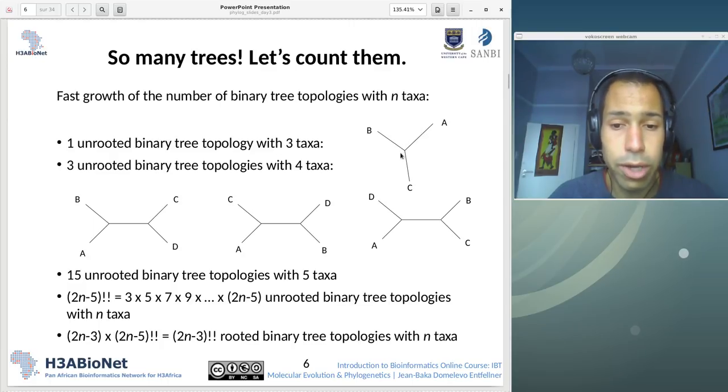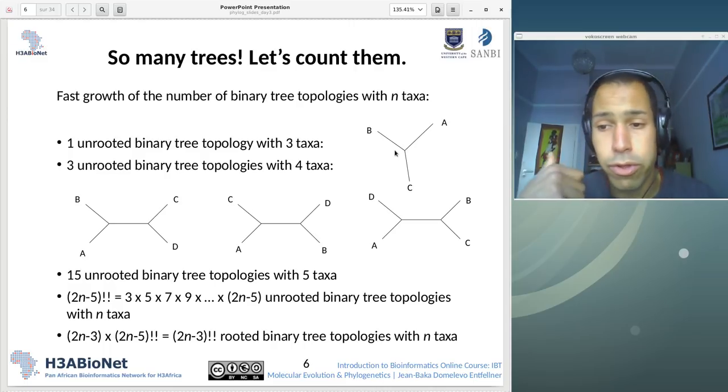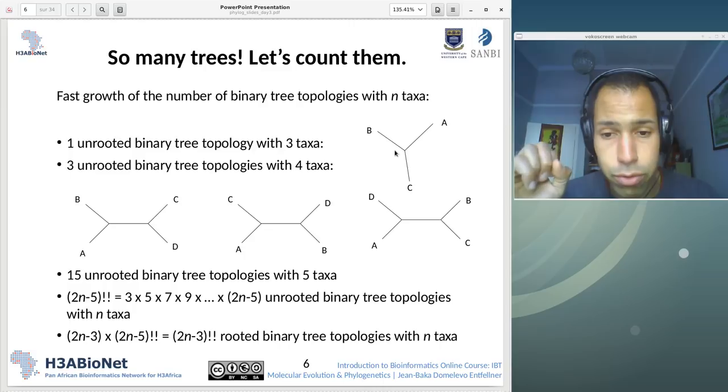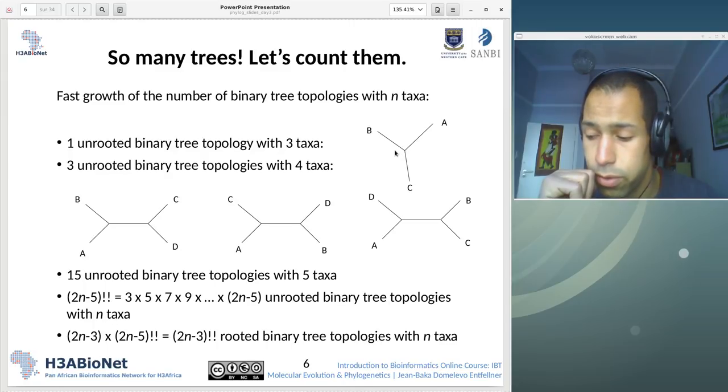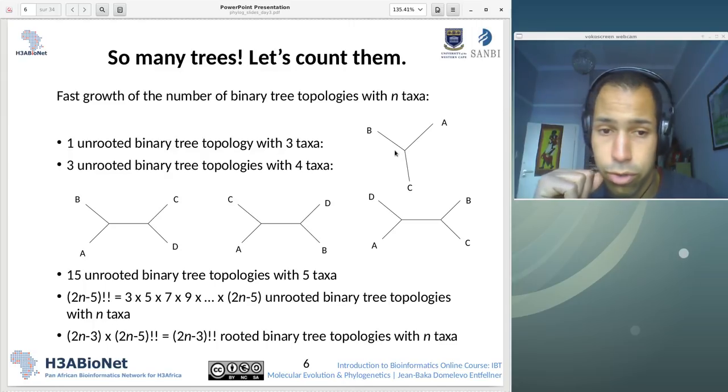There is only one unrooted tree topology. Remember, unrooted tree topologies don't singularize one node that would have only two descendants and no father.